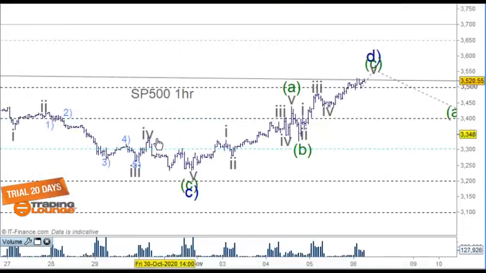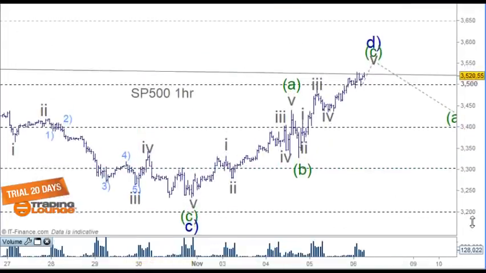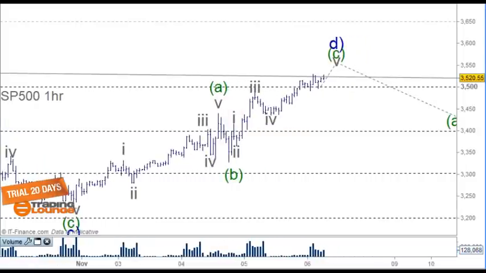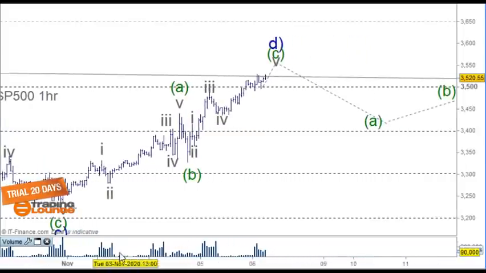On the hourly chart, we'll look at the D wave moving to the upside. With the D wave, we can look at it as 1, 2, 3, 4 and 5 for the A wave and the B wave here. And then we can look at this as 1 and 2, 3, 4 and 5 here. That's not quite finished yet.